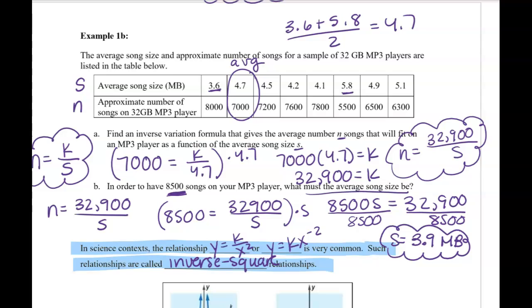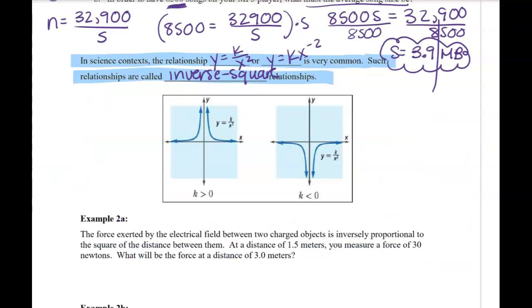Sorry, I'm trying to get it to move and it's not doing it for me for some reason. So the graphs of y equals k over x squared, if k is greater than 0, will show up in quadrants 1 and 2, and if k is less than 0, in quadrants 3 and 4.